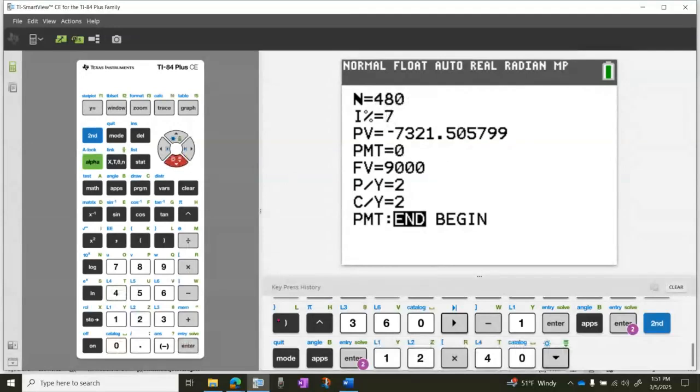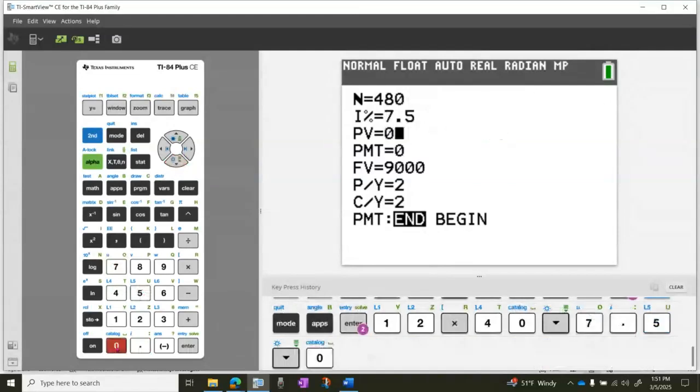I%, I remember it's 7.5. PV, remember, for an annuity PV always equals 0. There's nothing there at the very beginning when you open the account. PMT, $200. Since your money is leaving you, negative 200.